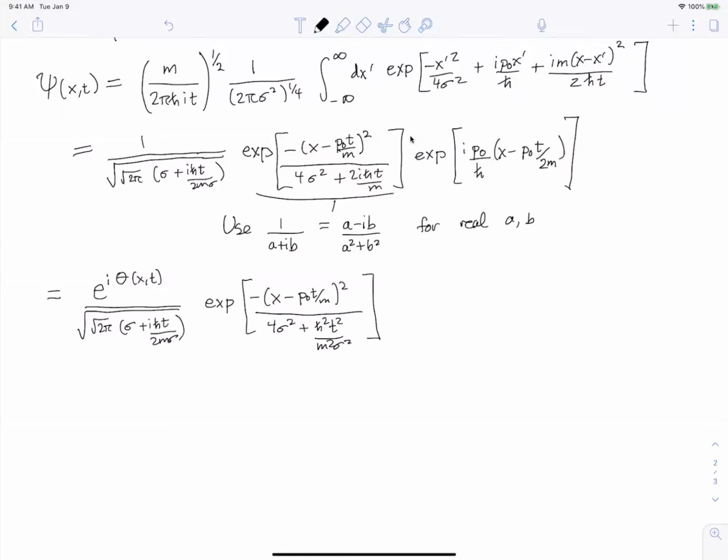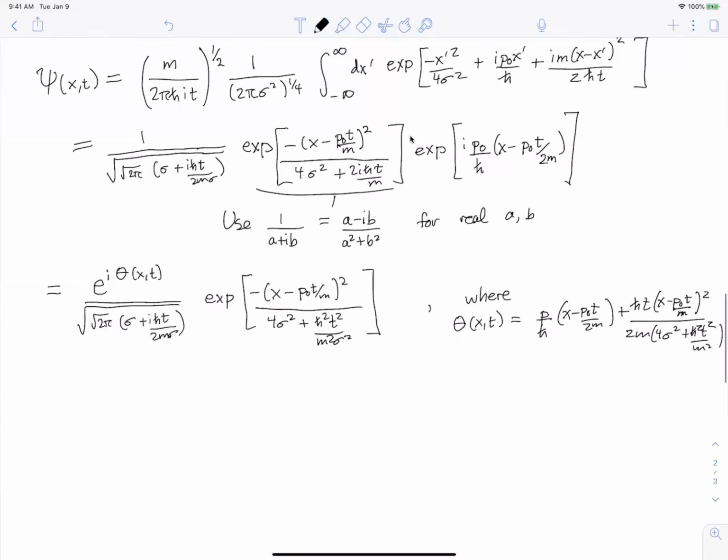Okay, and now all I need to tell you is what was that theta thing. Okay, and the algebra is a little bit painful, but in the end, you get theta of x and t turns out to be p over h bar times x minus p0t over 2m, plus h bar t times x minus p0t over m all squared over 2m times 4 sigma squared plus h bar squared t squared over m squared.